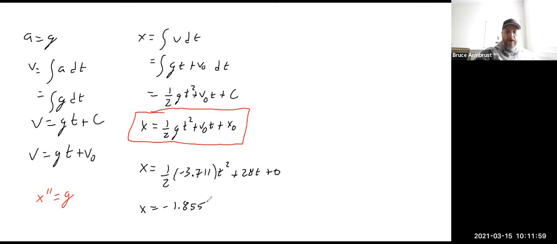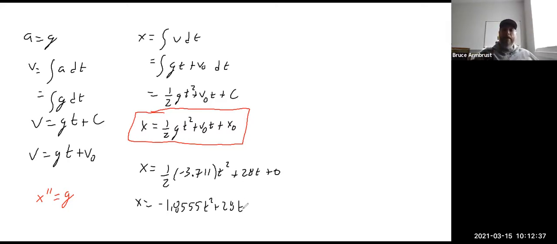Whatever that is divided by 2. Okay, I was right. Cool. So there is our height given a time.